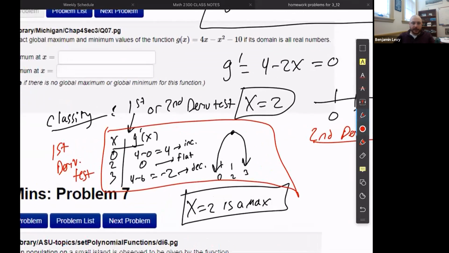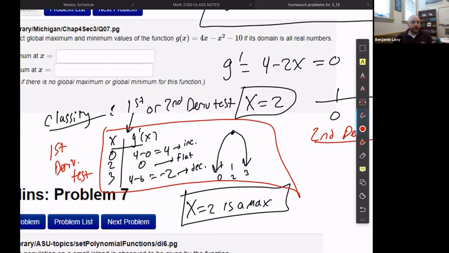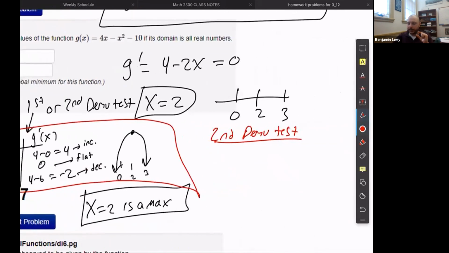The first derivative test uses the first derivative. The first derivative tells us increasing, decreasing. So we find the flat point, analyze on either side of it to figure out increase, decrease, and that led us to seeing it's a max. The second derivative test has to do with concavity. That's what we learned about last time.